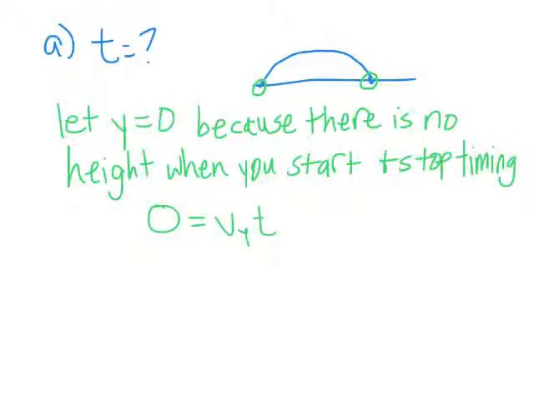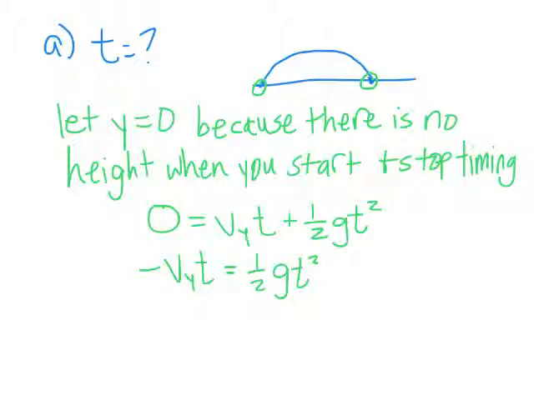Back at the beginning of the notes from the last lecture, you should have y equals vyt plus half of gt squared. I'm going to do a little bit of algebraic manipulation before I plug in any other numbers. So I'm going to subtract vyt to the side, and that's going to leave me with half of gt squared. Notice that I've got a time on that side and t squared over here, so I can let that cancel out. And that's going to leave me with negative 2 times vy over g, and that's equal to my time.